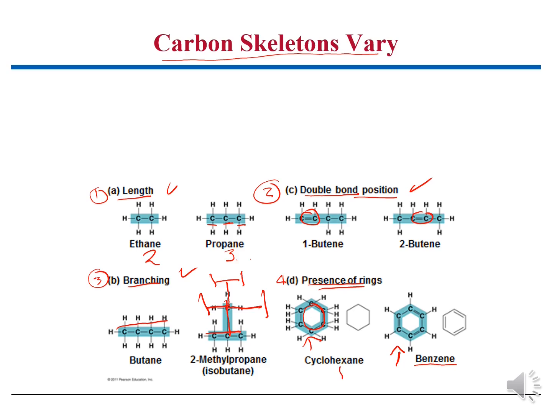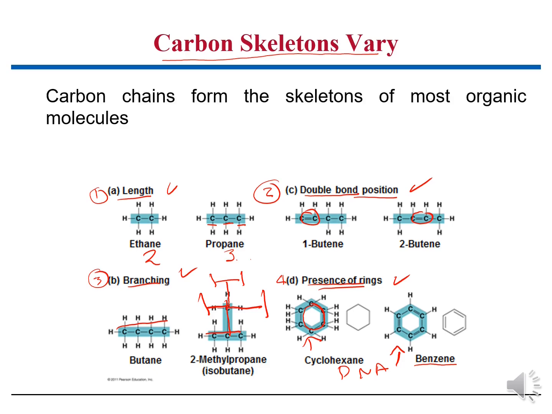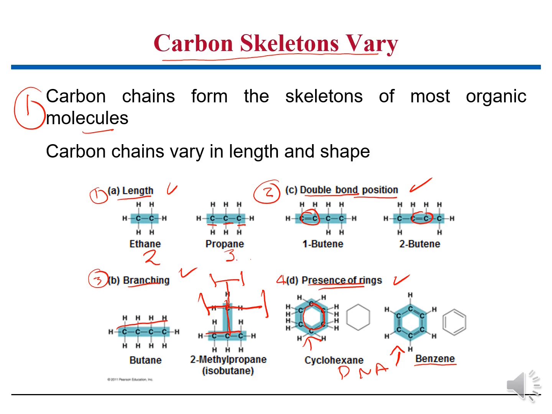And for example, DNA has these rings in its sugar. So we talked about 4 categories, and I want you to remember that carbon chains form the skeleton of most organic molecules. And for example, they can have variation in length and shape.